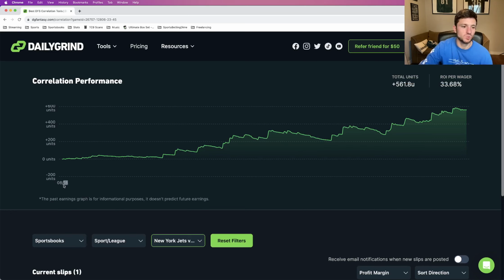So this is tracked since August 18th, so a little under 3 months. If you put 1 unit on every single slip that showed up on the correlation tool, you would be up 561.8 units, if you want to be exact. That's really good. Now, we don't unit shame here. Whatever your unit size is okay.